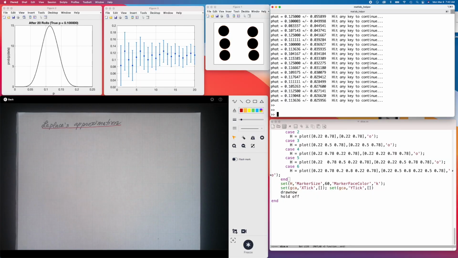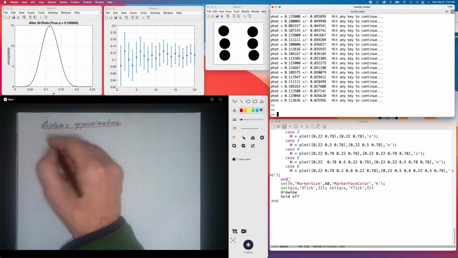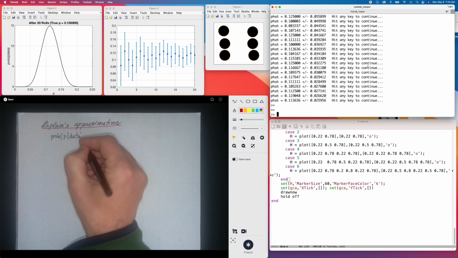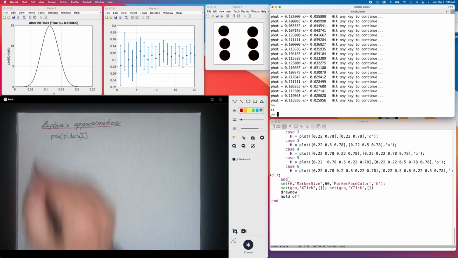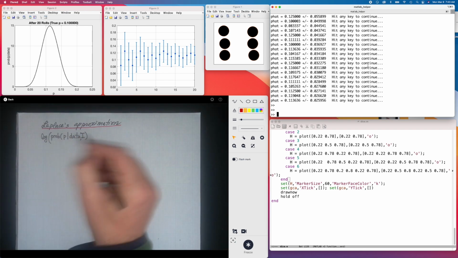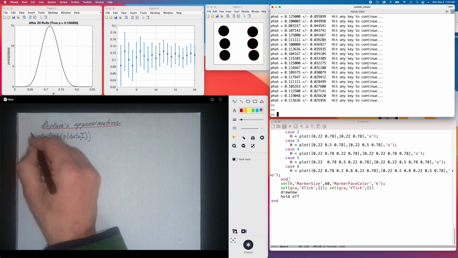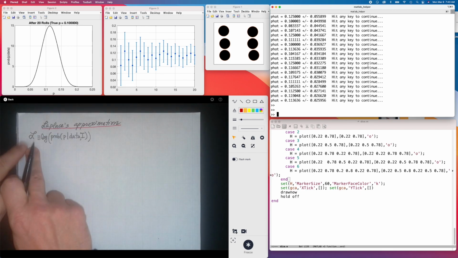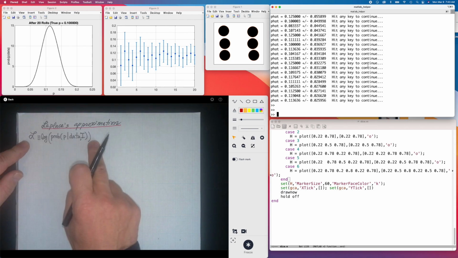So if this is the posterior, so suppose that this is the probability, so this is my posterior, and I take the log of this, and I'll define this to be L. So that's the log posterior. And I'm going to expand the log posterior in a Taylor series.